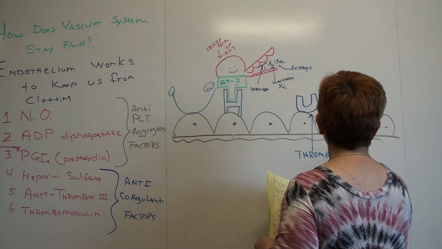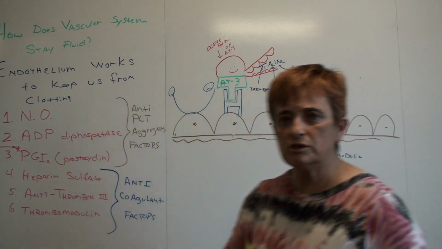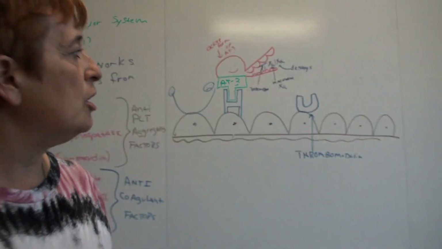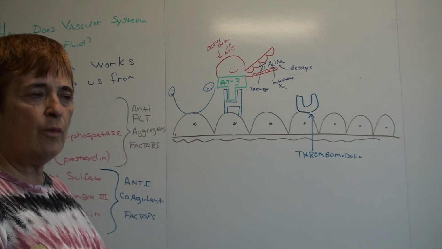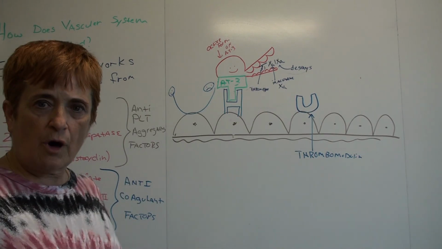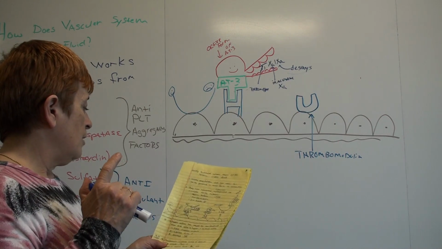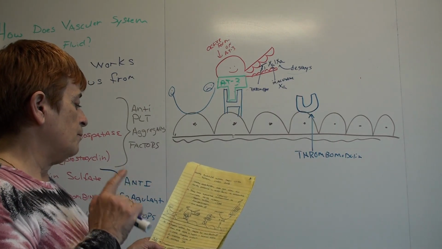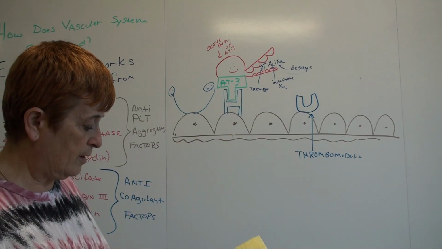So what does that word sound like? Can you see that? Yes. All right. So what does thrombomodulin sound like? Well, thrombomod sounds like it's modifying thrombin. So that's what it is. Thrombomodulin modulates the activity of your thrombin.